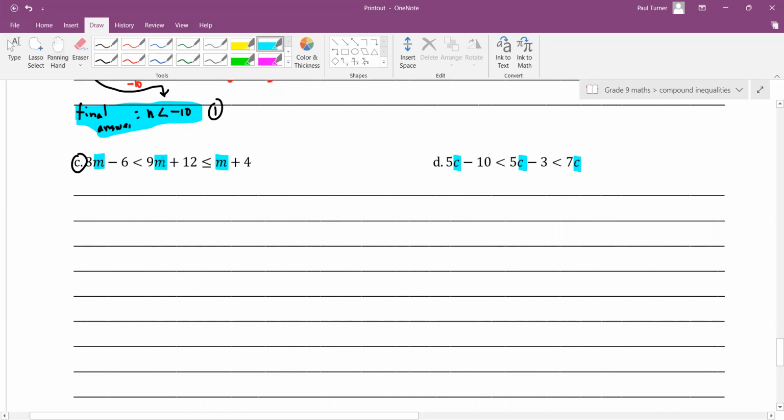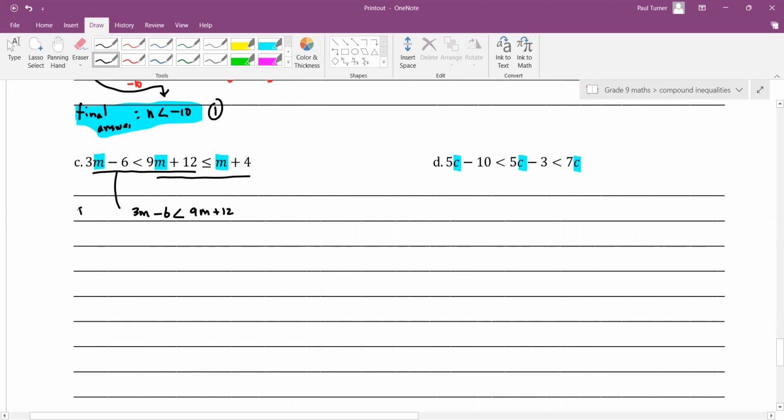Okay, so I think here we need to split this one into 2 equations. So this one and this one here. So we've got, I think that's 3M. So write down separately, 3M minus 6 less than 9M plus 12.